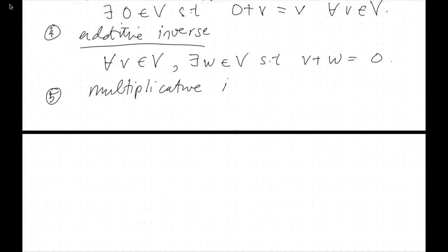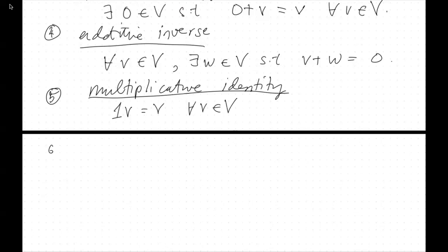Okay? And for the fifth property, we have the existence of multiplicative identity. So there exists a multiplicative identity, this one here, in our scalars, such that 1 times v is equal to v for all v in our vector space. And number 6 is the distributive property.